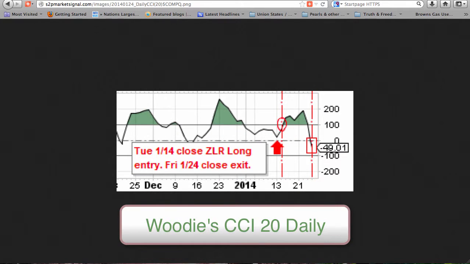Momentum. At Tuesday 1/14 close, we got a CCI 20 daily zero-line reject entry. At Friday 1/24 close, it dropped below the plus 100, so we exit the trade at next Monday's open. The result of this trade simulation was a loss of 102.36 on the Nasdaq Composite, or $2.04 per share of QQQ.